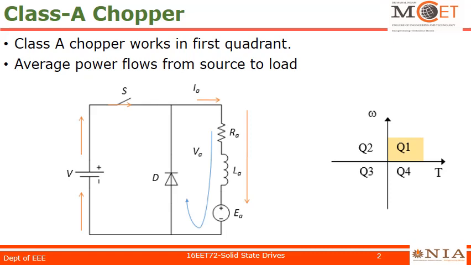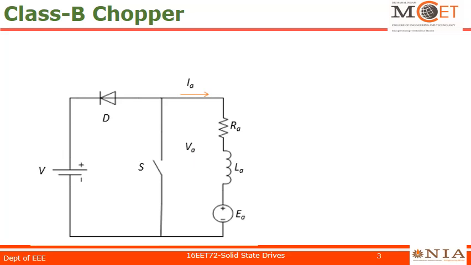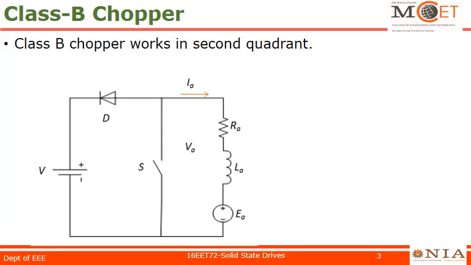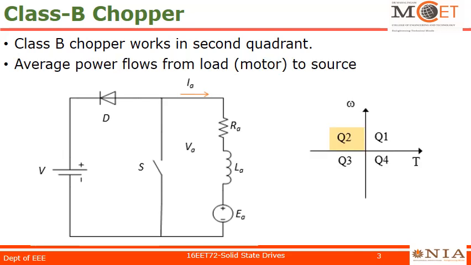It consists of a switch connected in series with the load, and a diode connected in parallel, which forms a freewheeling operation. This is the class A chopper. The class B chopper works in the second quadrant, and the power flows from load to source, so the current direction is reversed compared with the class A chopper.